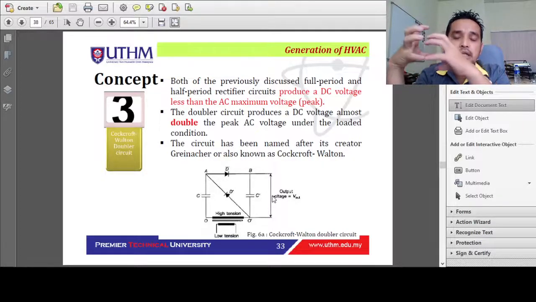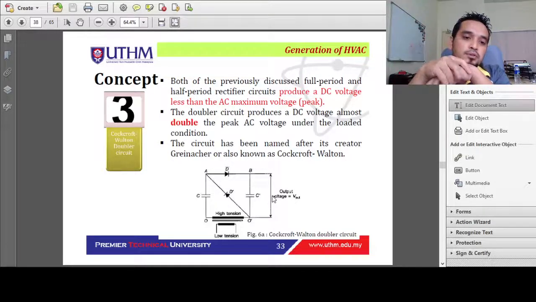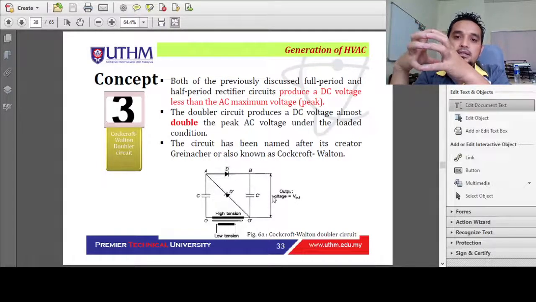If we are using full wave, we will have probably about 95 kV, a slight increase in terms of output voltage. But how about if we use the Cockcroft-Walton doubler circuit? The output voltage will be doubled. We expect 100, it's going to be about 200.